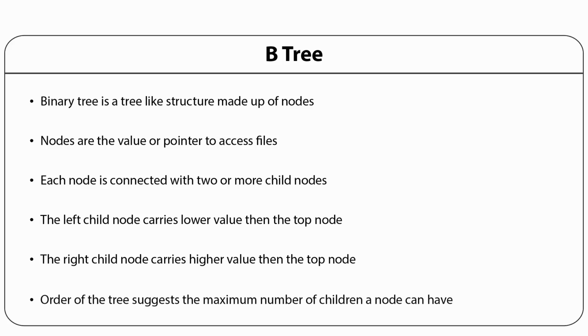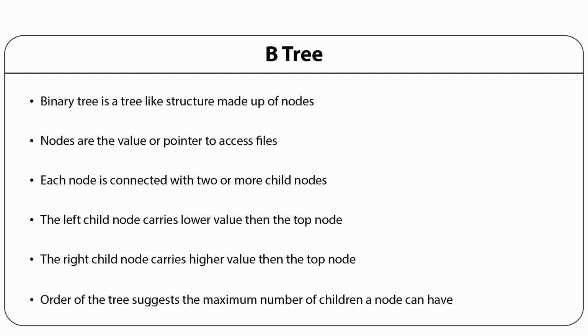The order of the tree suggests the maximum number of children a node can have. Normally, in binary trees we define an order, which represents how many children one node can have. Say, for example, we define order 4 in a binary tree.